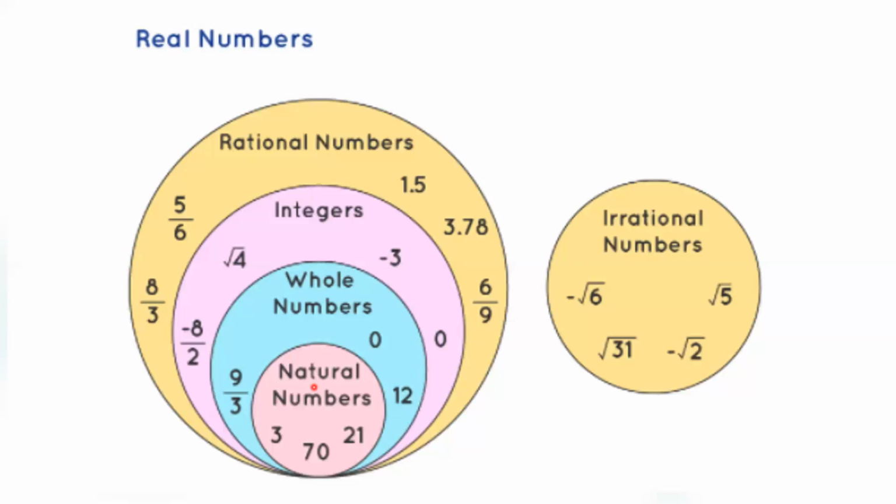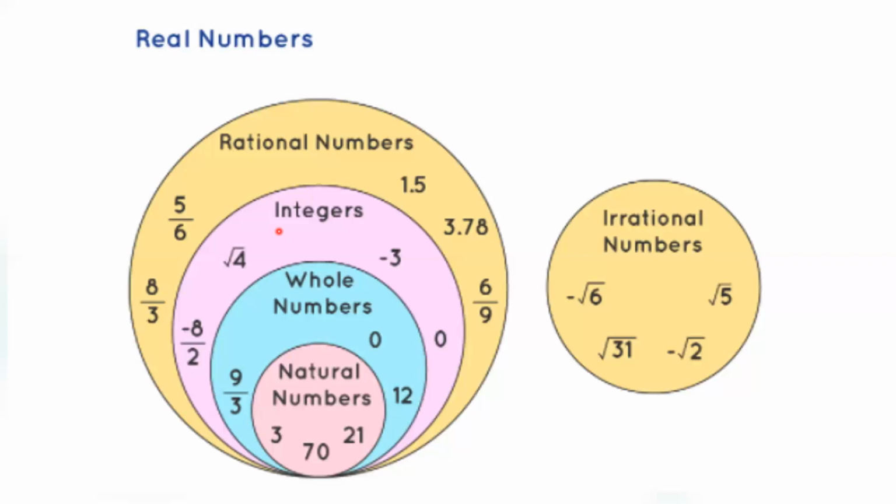Now, the integers are numbers that could be negative, positive, or 0, but there's no decimal and no fraction.